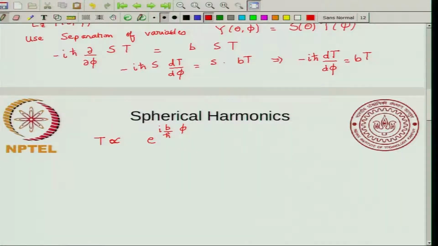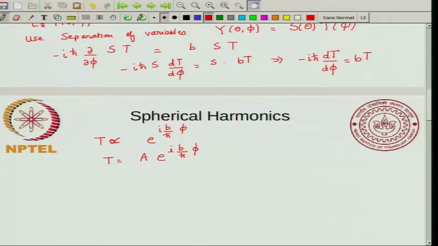So T is proportional to this, and I can write T as a constant, let me call that constant A, times e to the i b by h bar phi.